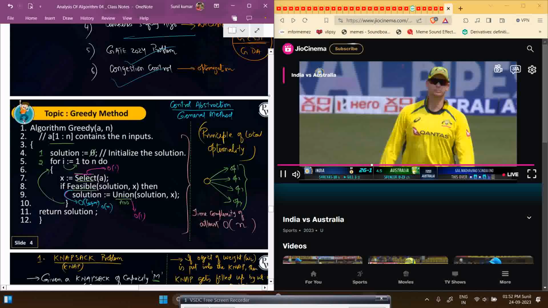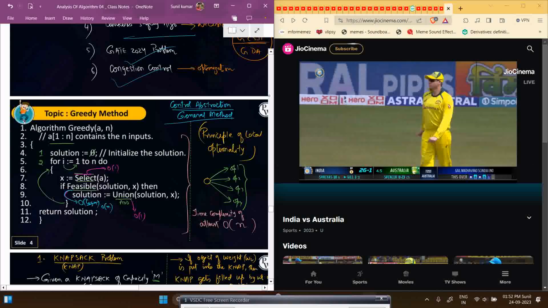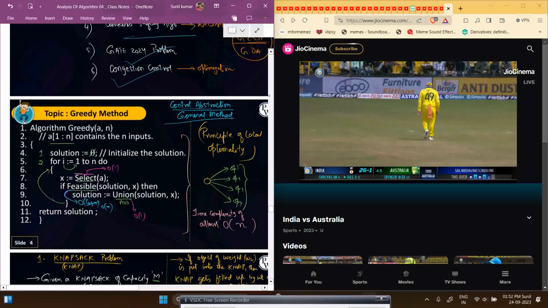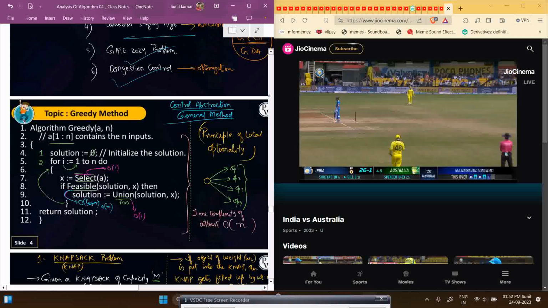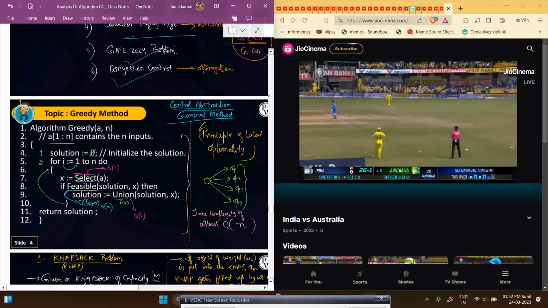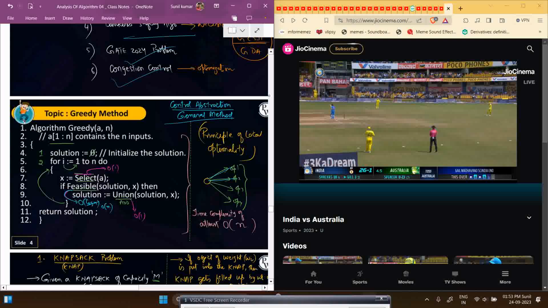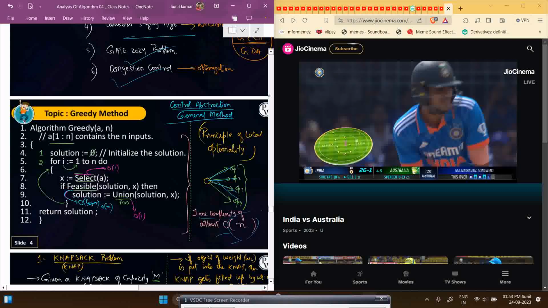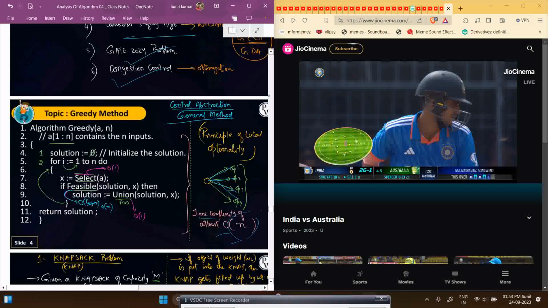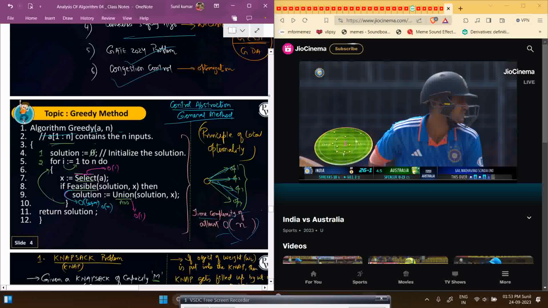The control abstraction of the general method: we can say the greedy algorithm is A of n, based on the principle of local optimality: optimal 1, optimal 2, optimal 3, optimal 4. Time complexity is at least order of n. Algorithm Greedy of A of n takes n inputs.